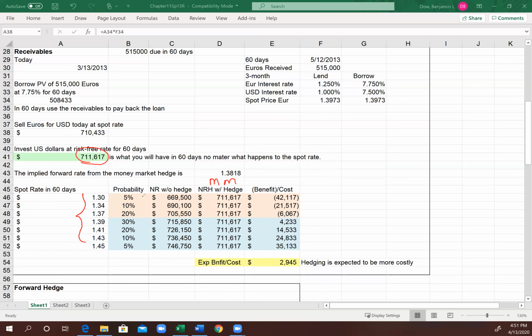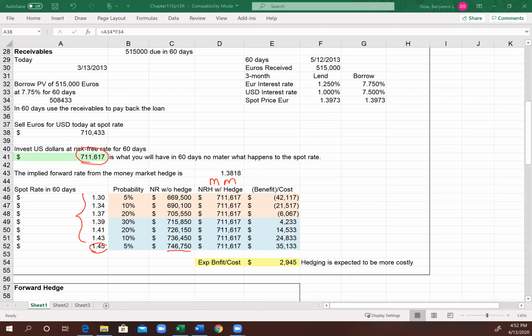Now remember, since this is accounts receivable, we didn't really care with accounts receivable if the euro strengthened. So obviously, if the euro strengthened to 145, then our receivables in 60 days would be worth a lot more than what we expected them to be worth.